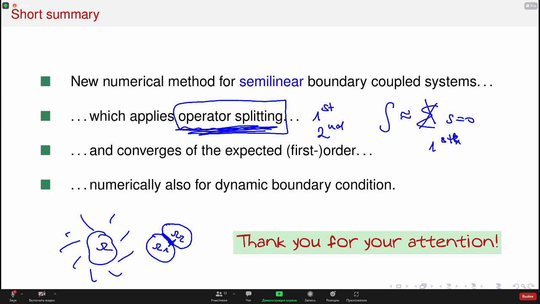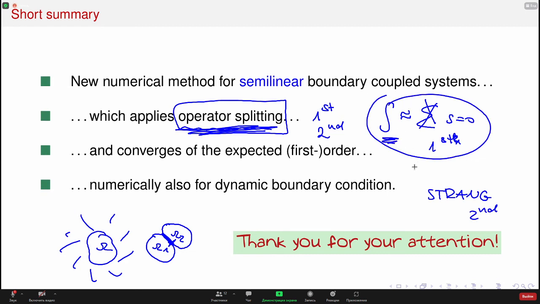Not this Trotter-like one, but the so-called Strang splitting, which is itself a second order splitting, but then we also need a second order approximation for the integral. We could almost show that; we need just one little term, but this will be a second order scheme, we are almost sure. And we also have the conjecture that in this setting we cannot do better. So using these ideas of the proof, we cannot have higher order than second order.